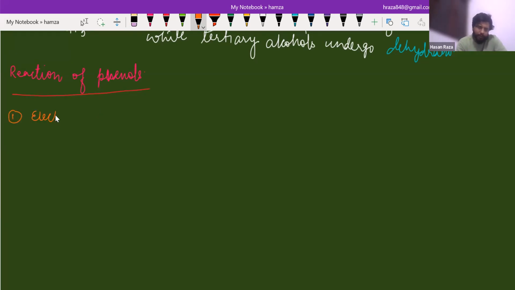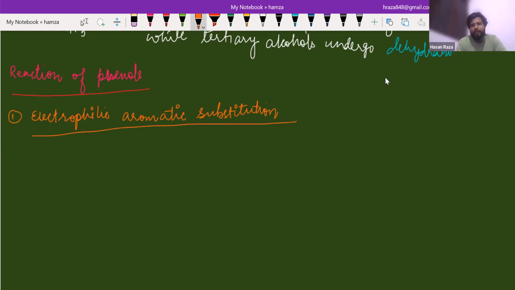There will be electrophilic aromatic substitution. Since we are talking about phenols, it will be aromatic substitution, in which we have to study about nitration.